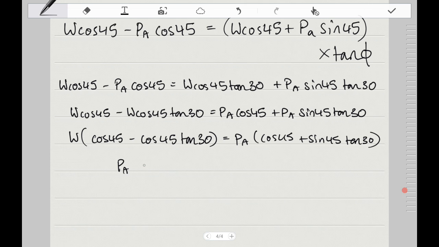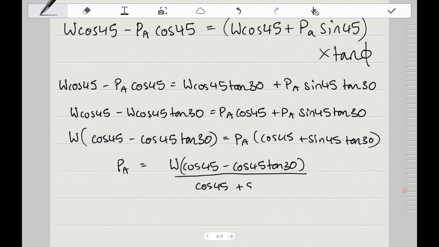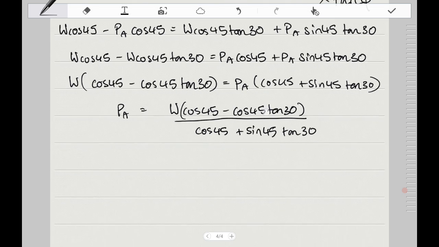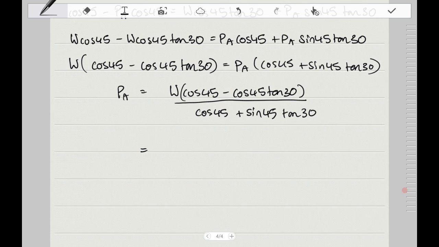So PA equals W (cos 45 minus cos 45 tan 30) over (cos 45 plus sine 45 tan 30). Alright, I'm going to make this look slightly better.